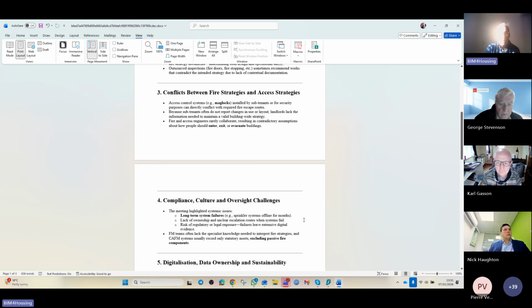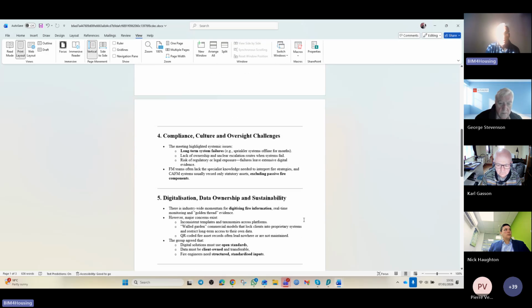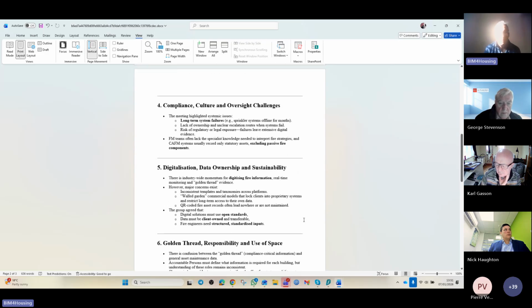We're on now to compliance culture and oversight challenges. The meeting highlighted systemic issues: long-term system failure, for example, sprinkler systems offline for months; lack of ownership and unclear escalation routes when systems fail; the risk of regulatory or legal exposure, as failures leave extensive digital evidence.